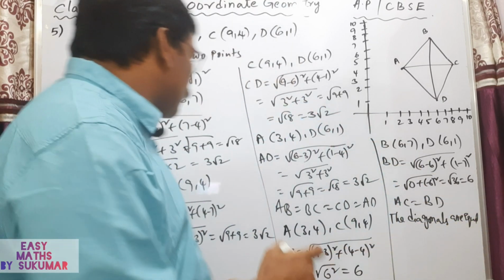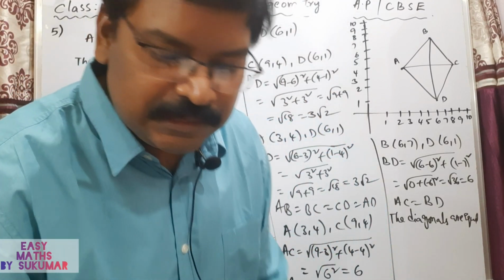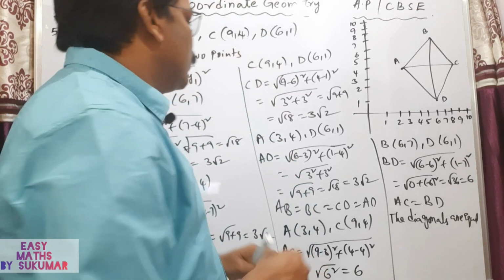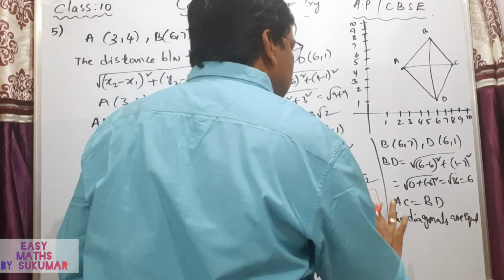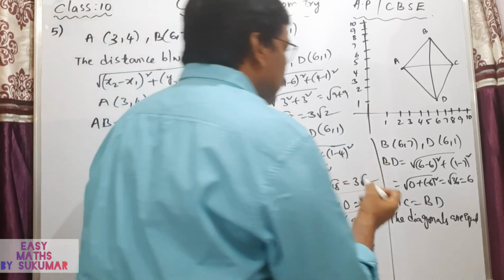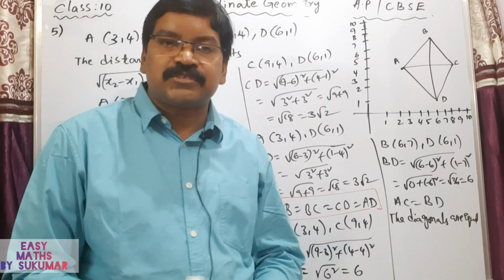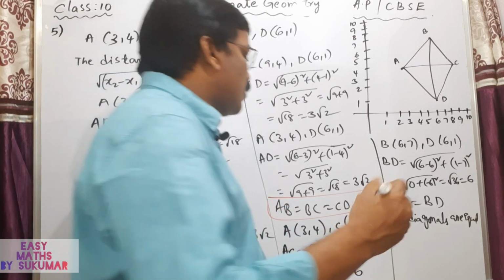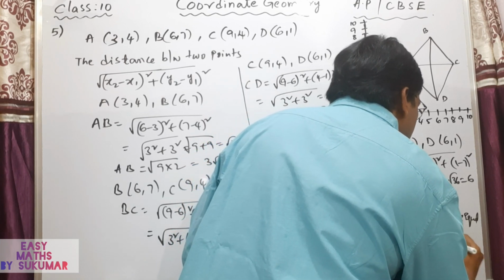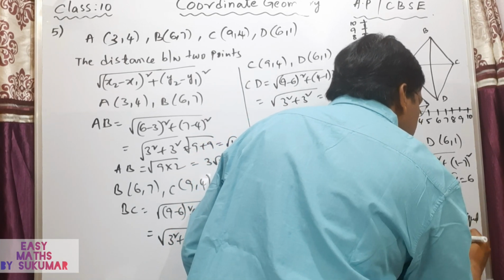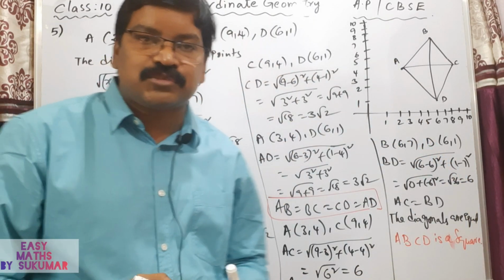So here all four sides are equal, that means AB, BC, CD, AD, the lengths of the four sides are equal. And another thing we proved here is that the lengths of the diagonals are also equal. Therefore, our conclusion is ABCD is a square. All sides are equal and the diagonals are also equal.